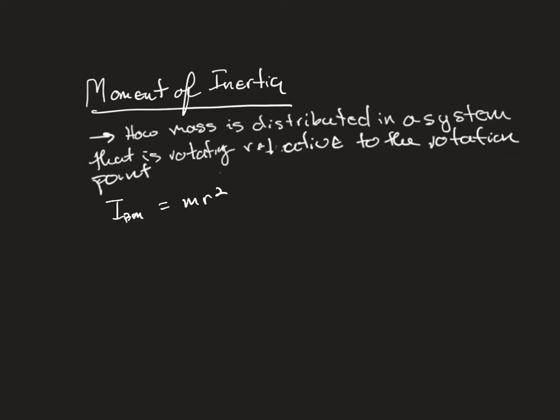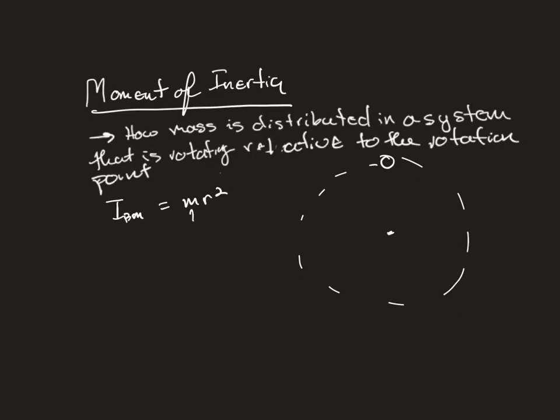And a point mass is a small mass that is rotating about a rotation point. So if you have a point of rotation and you have a mass that is rotating around, and of course I didn't draw the rotation point in the center, that would be a point mass. This is going to be different than something we're going to characterize as a sphere, which is like the Earth rotating about its own axis.